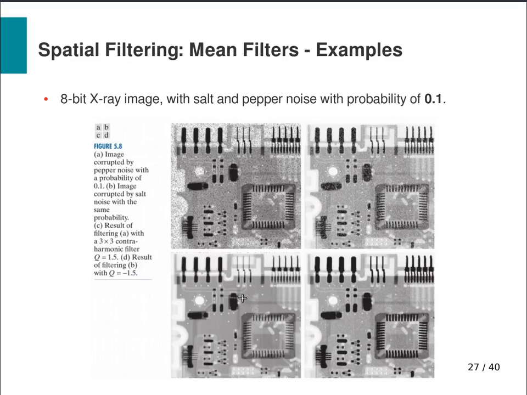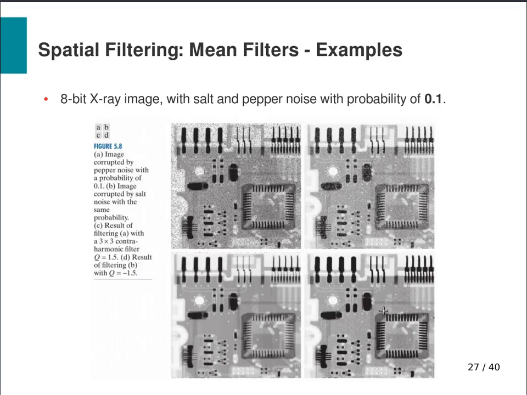On the bottom left you see the result of filtering this image with the contraharmonic filter with Q being 1.5, and this one is the result of filtering the salt noise degraded image with a contraharmonic filter with Q being negative 1.5.